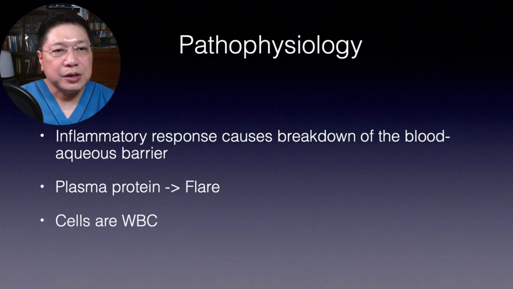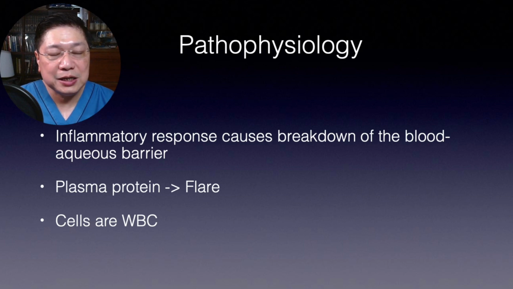Now, the inflammatory response of the eye to whatever the antigen or infection is causes a breakdown in the blood aqueous barrier. So you have plasma protein spilling into the anterior chamber, floating in the aqueous. That's what we call flare. And we see white blood cells floating inside, what we call cells.